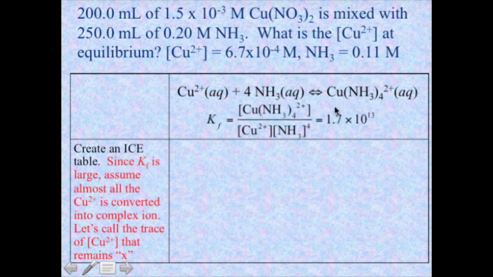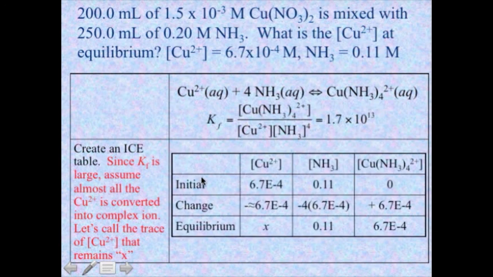And the mass action equation, Kf, equals a very, very large K value of 1.7 times 10 to the 13. So now we're ready to fill out the ICE table. Here's our copper ion, our ammonia, and our complex. When we start initially, we have 6.7 times 10 to the minus 4 of the copper ion, 0.11 molar of the ammonia, and since nothing has reacted yet, 0 of the complex.